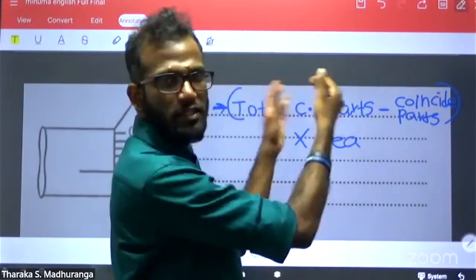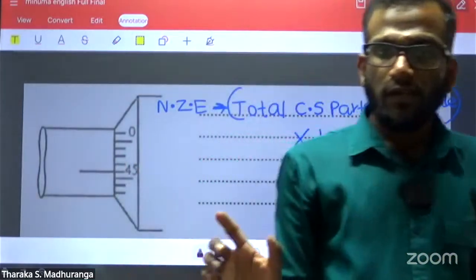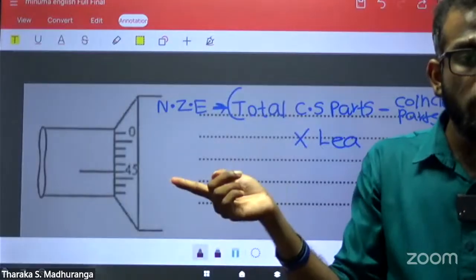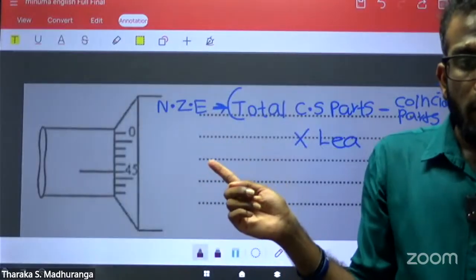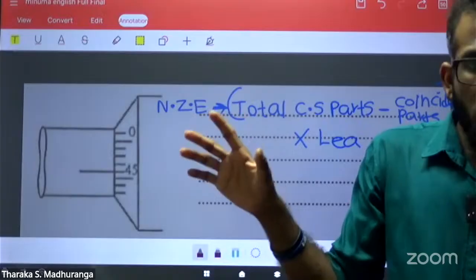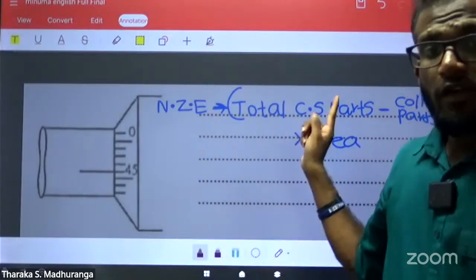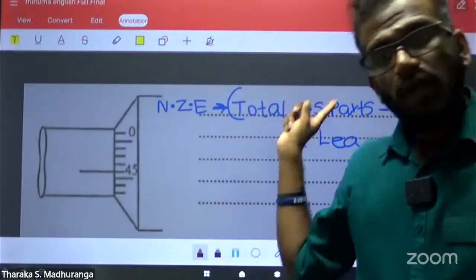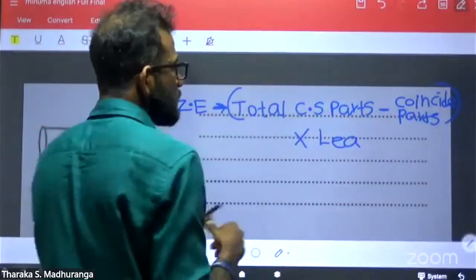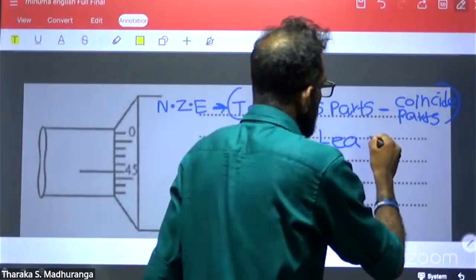This subtraction is the same as vernier caliper. Do you remember, in vernier caliper negative zero error, how we get it? Total vernier scale parts minus coincide part. This one, total circular scale parts minus coincide part, same as vernier caliper. Multiply by least count.